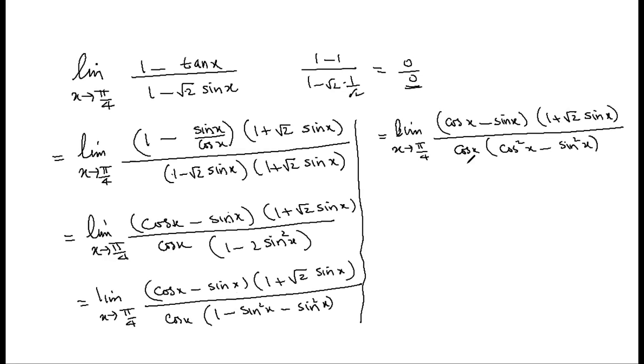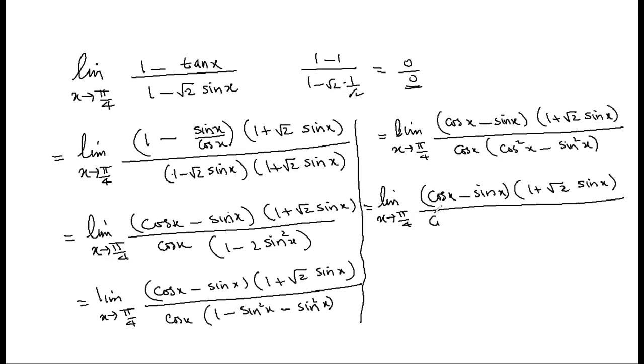Now cos square x minus sin square x, you split it: cos x minus sin x into cos x plus sin x.